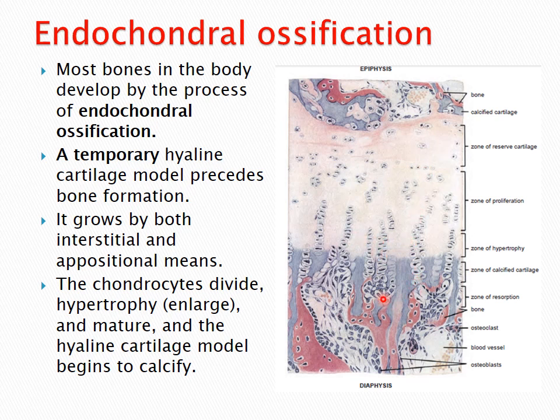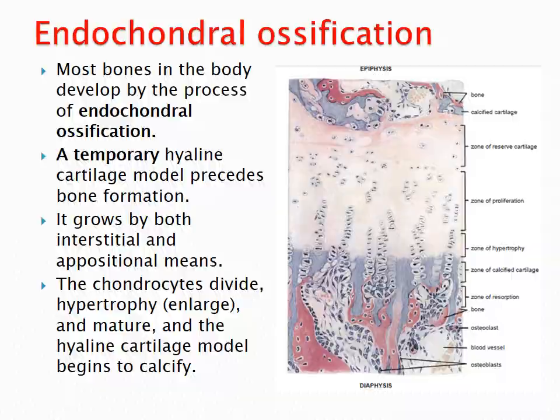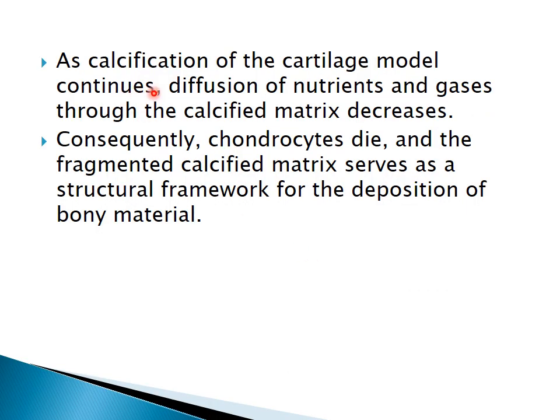And when this cartilage model calcifies, it forms the bone. As calcification of the cartilage model continues, the diffusion of nutrients and gases through the calcified matrix decreases. Consequently, the chondrocytes die, and the fragmented calcified matrix serves as a structural framework for the deposition of the bony material.